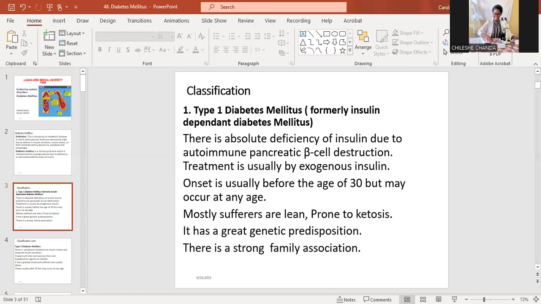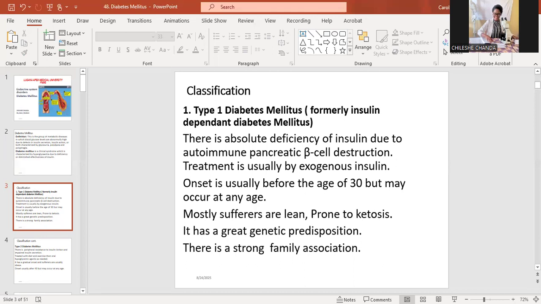And once there is excessive breakdown of fat, there is a buildup of ketone bodies, which are a product of fat breakdown. And once there's a buildup of these ketones, this human being is likely to go into what is known as ketoacidosis.